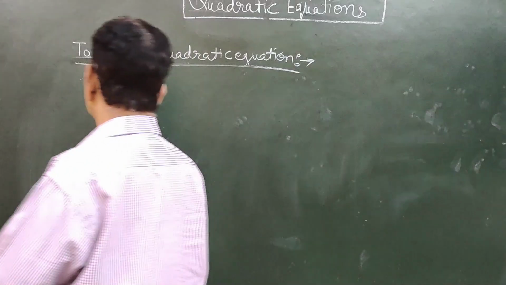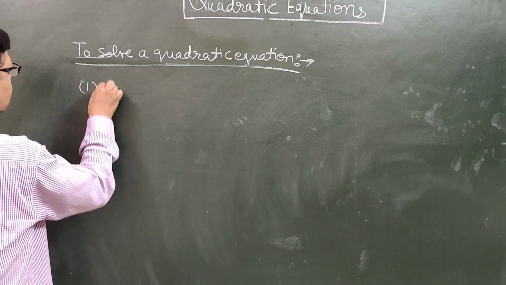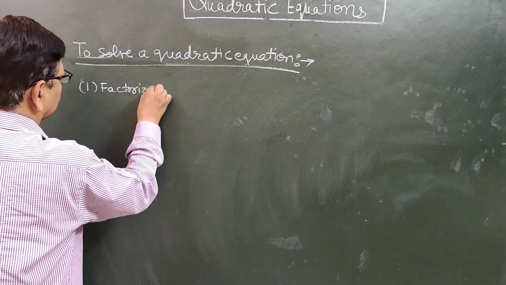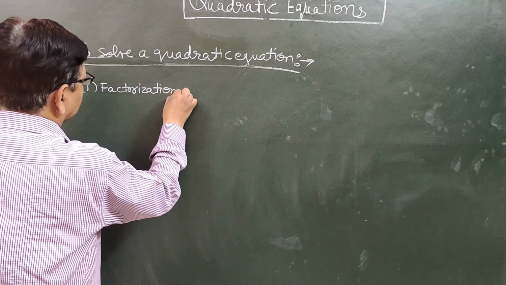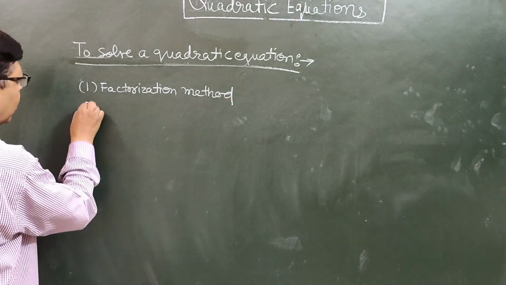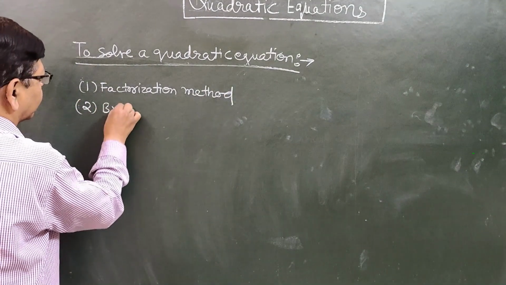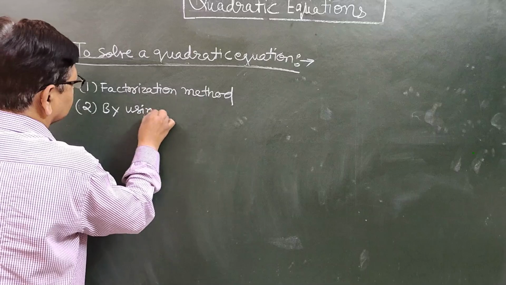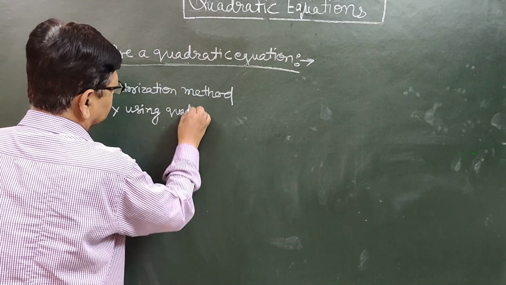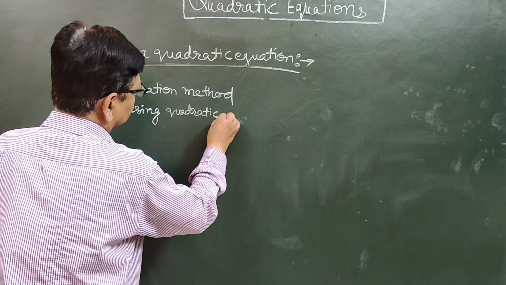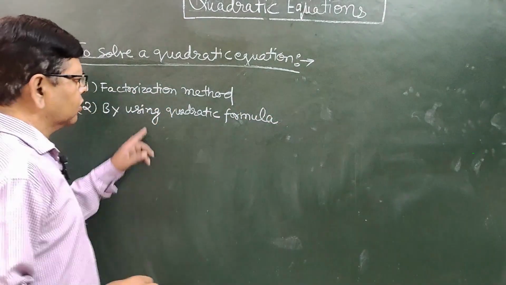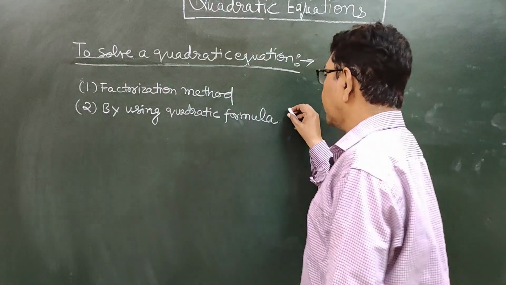Number one, factorization method. And the second method is by using the quadratic formula, also known as the Sridharacharya method.